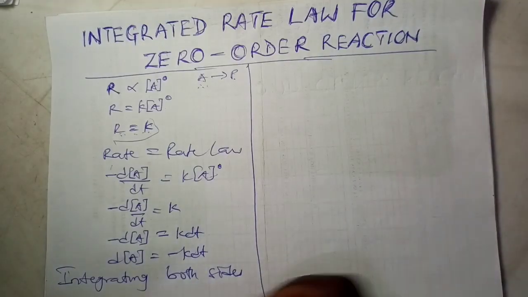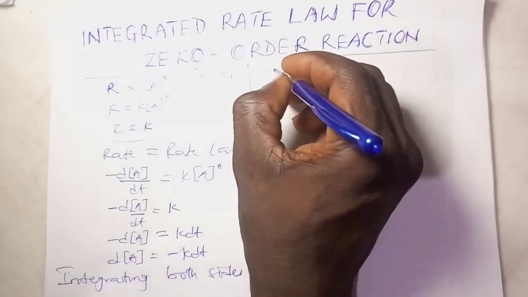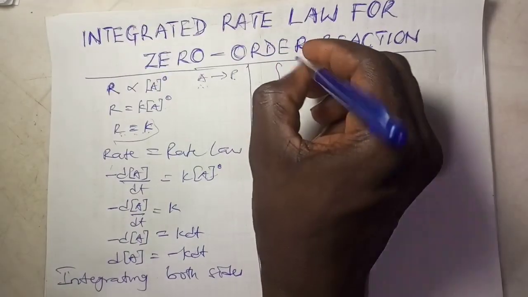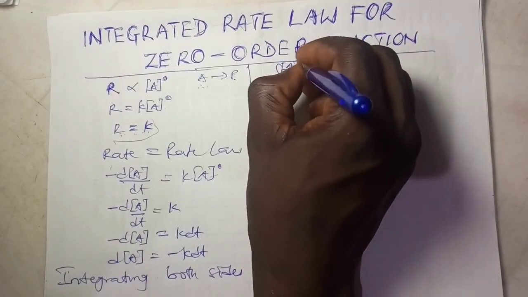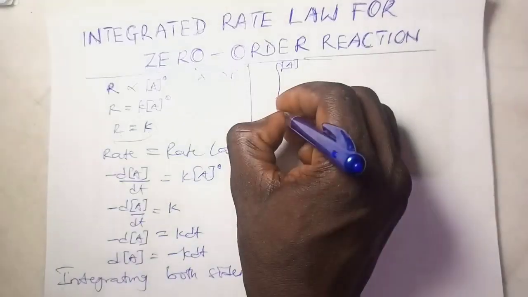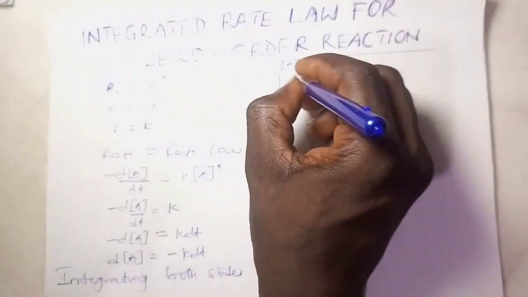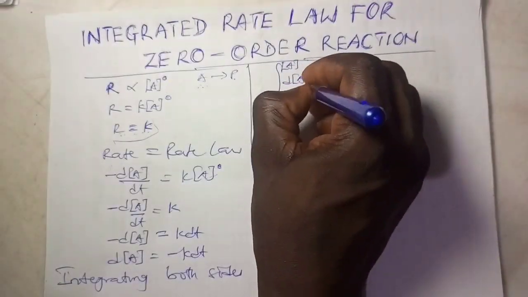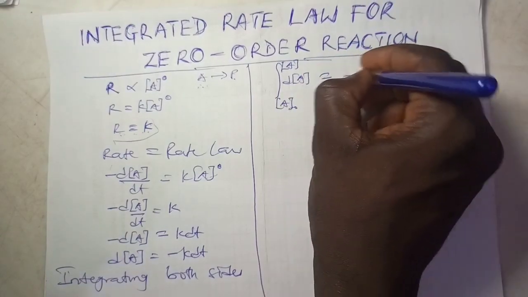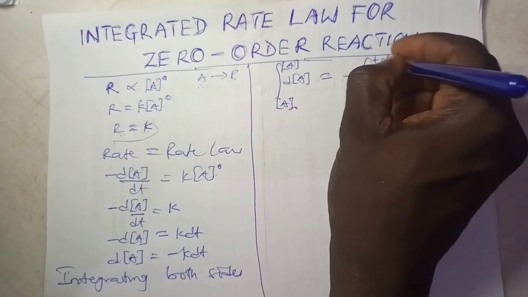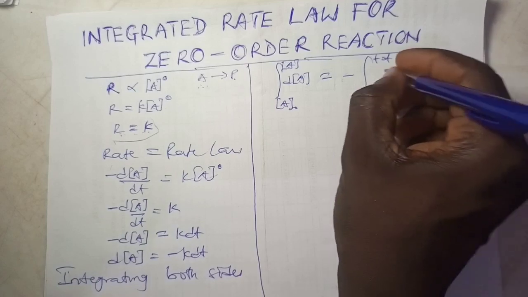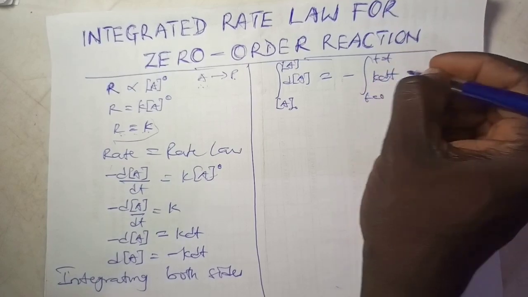When you integrate both sides of the equation, you will be having something like this, is equal to the negative integral from when t is 0 to a particular t of K dt.